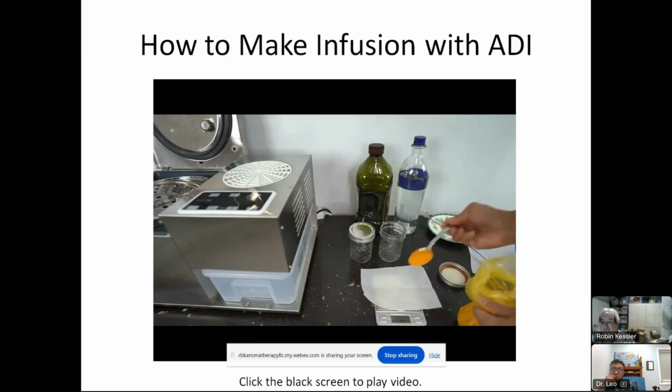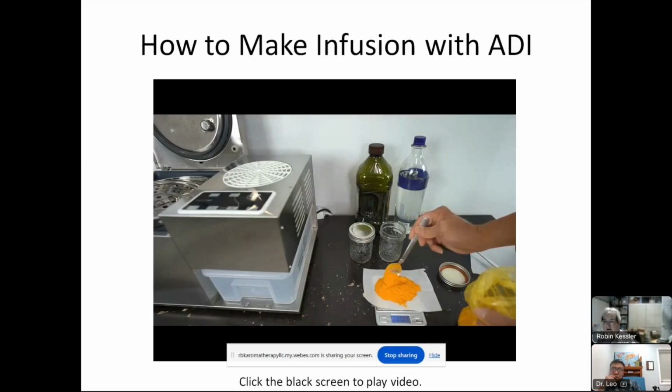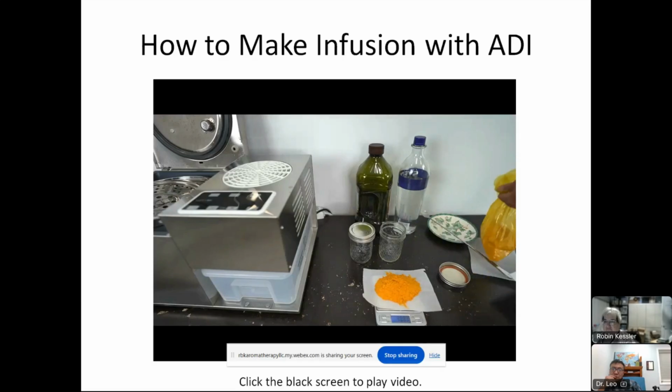So as I said, we need 40 grams. That's actually a lot. See that? That's 40 grams.